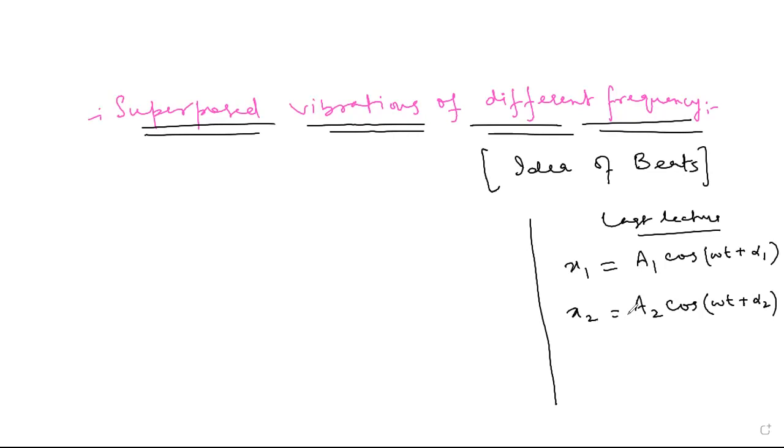So we considered superposition of these SHMs. They had different amplitudes A1 and A2, but the frequency omega was same, right? But in today's lecture, the frequency of SHMs we take to superimpose is different.